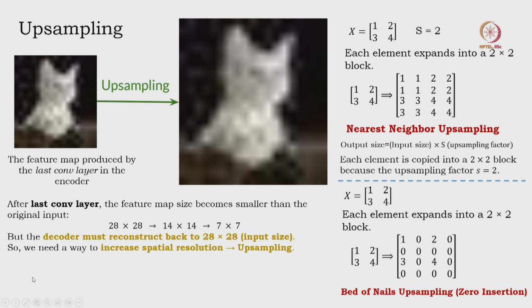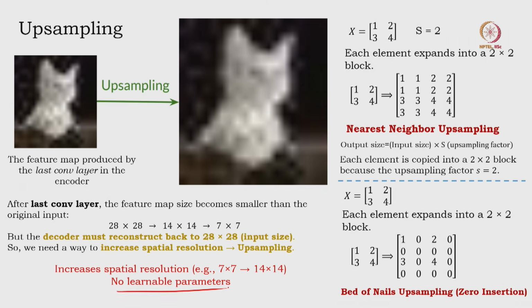So, we have increased the size. But there is one drawback of just upsampling by a factor. What is the drawback? Is there any learning here? Is there anything that the model has learnt? It just takes the values and puts those values, or puts 0 values. So, in this particular method, there are no learnable parameters.